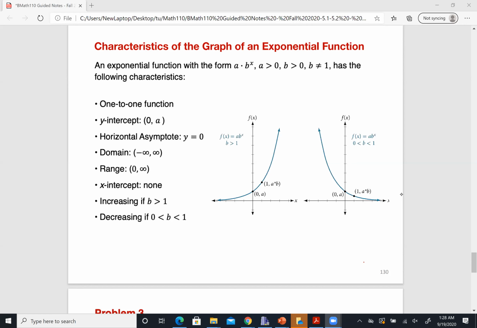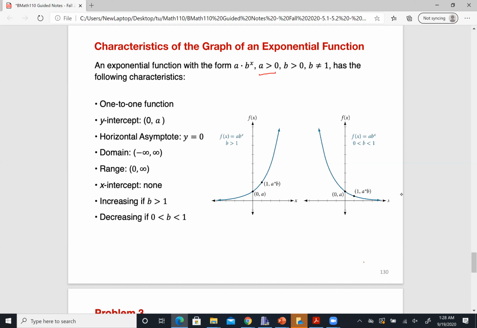The domain is always negative infinity to positive infinity. For the range, when a is greater than 0 and b is greater than 0 and not equal to 1, the range is always greater than 0, so it does not include 0: from 0 to positive infinity.